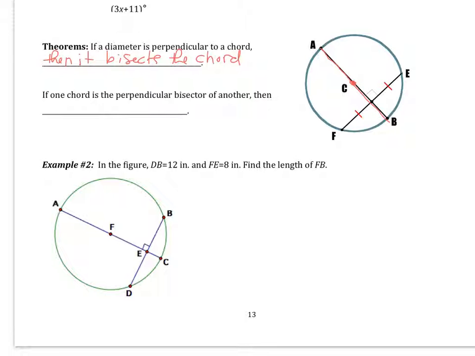Okay, and since it is perpendicular, then that means tick, tick, these two parts are congruent. So that's what you're supposed to come up with. All right? Now, if one chord is a perpendicular bisector, that means it's perpendicular and it bisects, then it is the diameter.